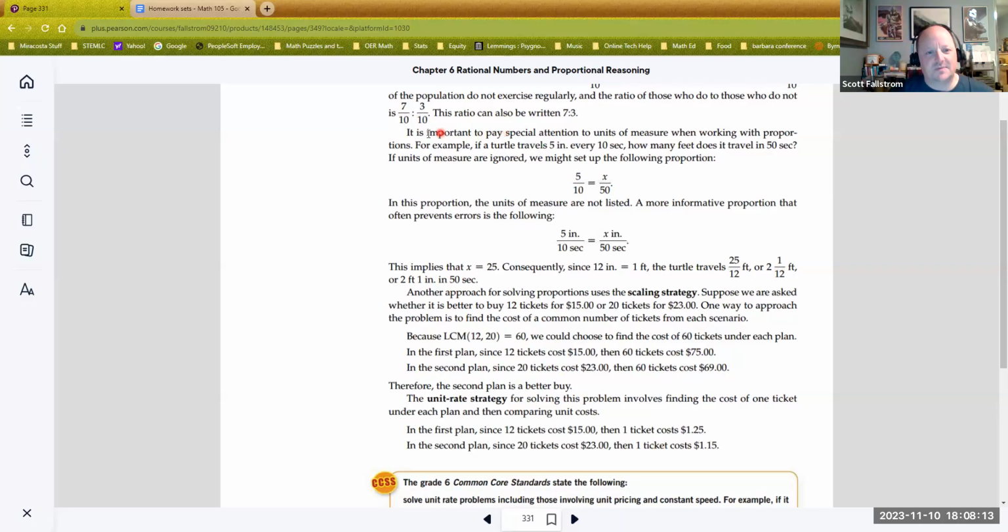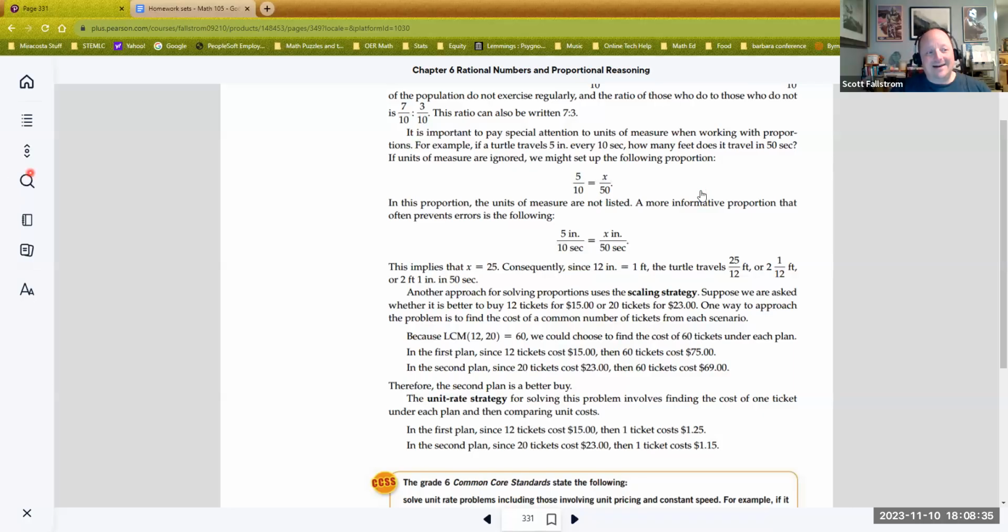What we can have then is you really have to be careful with how you write things up. I think that's mentioned here. It says it's important to pay special attention to units of measure when working in proportions, because if you have inches and seconds, the question might say, how many feet does it travel in 50 seconds? And so if you set it up like this, you might think you're solving for X and X is your final answer.